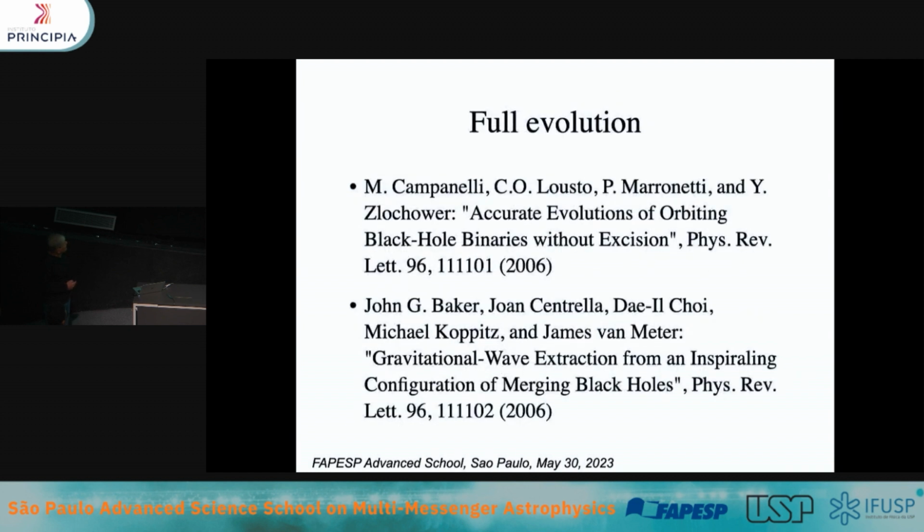But eventually, a full evolution was achieved for the first time in 2006 by two different groups. One was with us in Brownsville, Manuela Campanelli and Carlos Lousto, and the other was NASA's Goddard Space Flight Center, and they were both published in the same issue of Physical Review Letters.